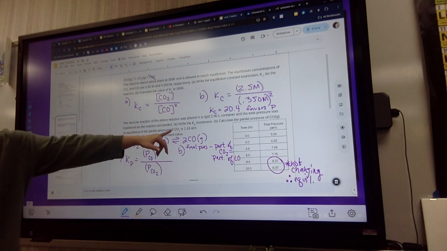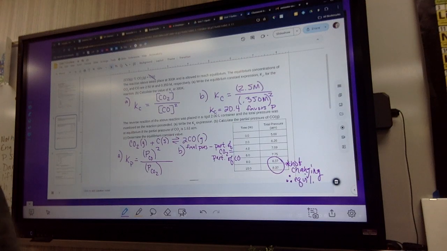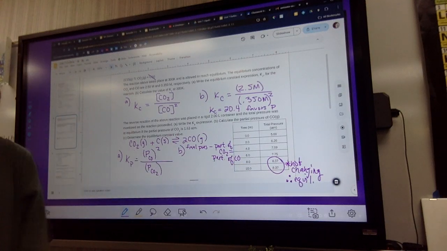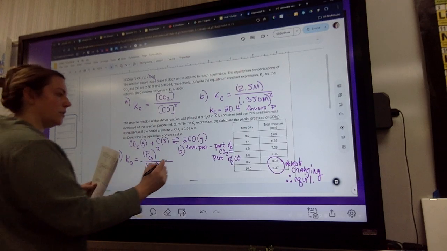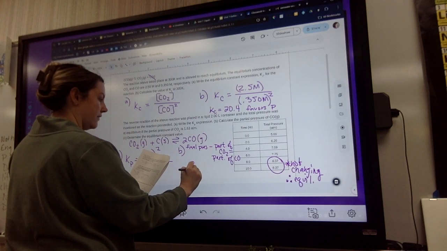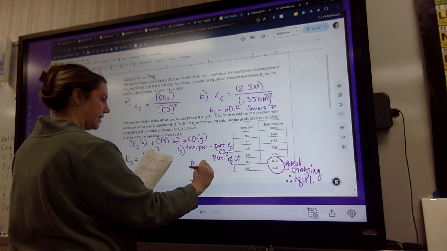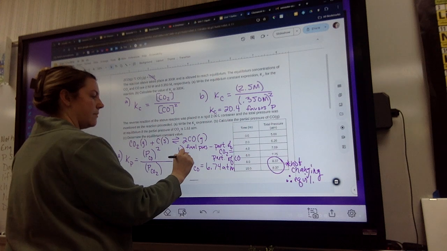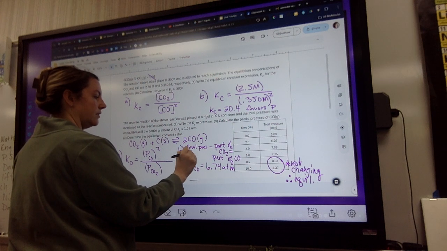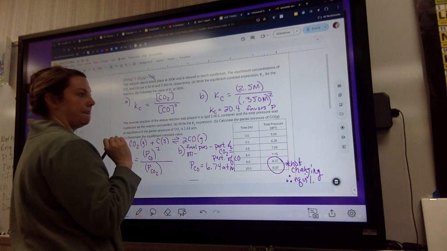So if carbon dioxide is 1.63, I know the total pressure is 8.37. I would just subtract that. So the pressure of CO is 6.74 atmospheres. So I did 8.37 minus 1.63.